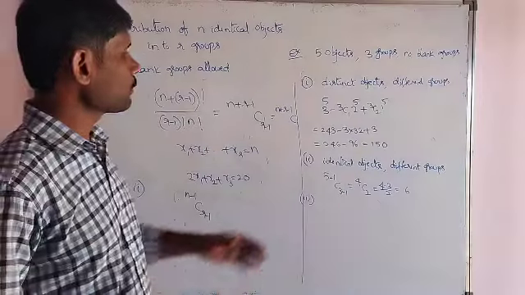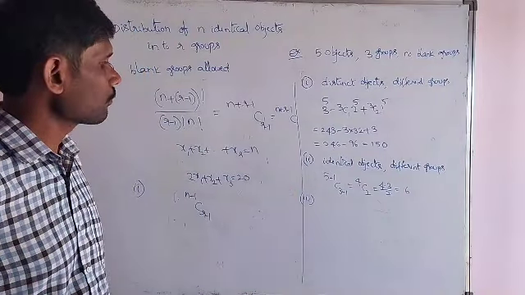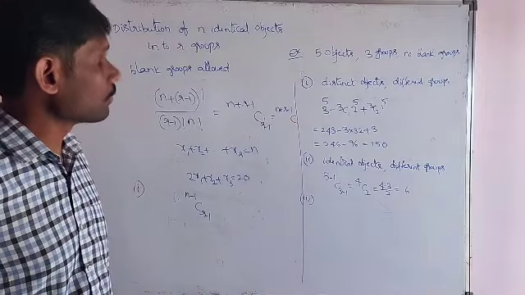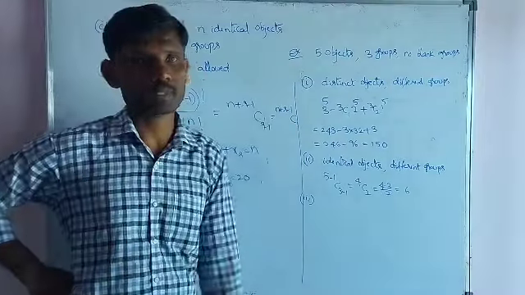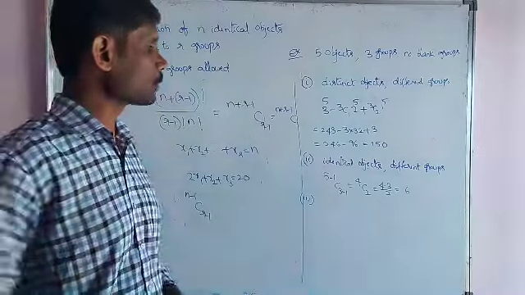So the distribution of 5 identical objects into 3 different groups where no group is empty is n minus 1 c r minus 1.